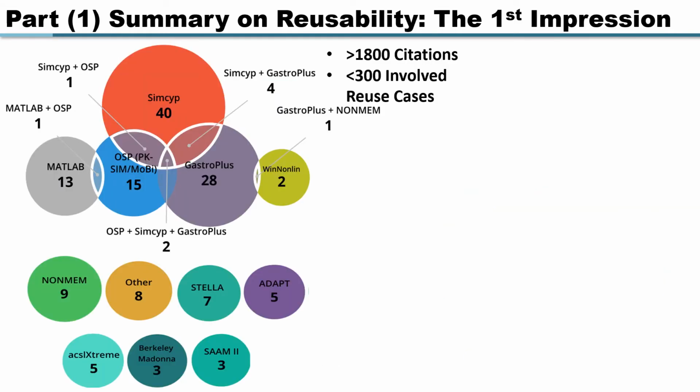The left-hand side graph is the breakdown based on the platforms that were reported in these 145 articles that I mentioned. There were over 1,800 citations made to these original PBPK model developments. However, fewer than 300 involved any reuse cases.